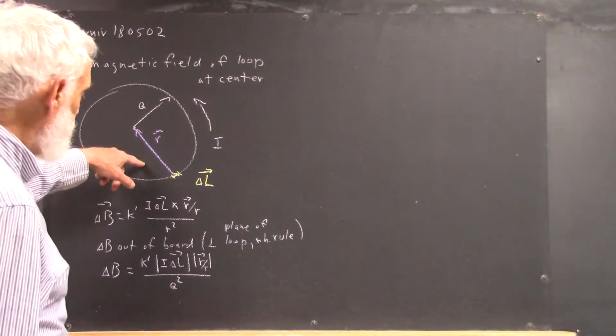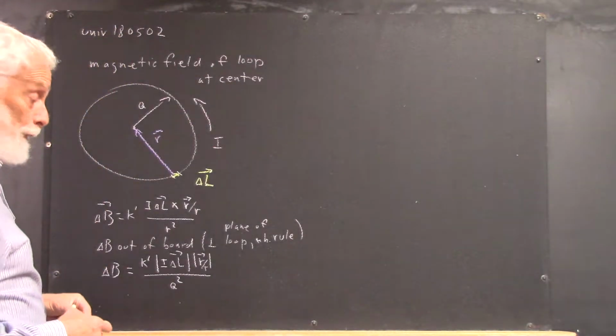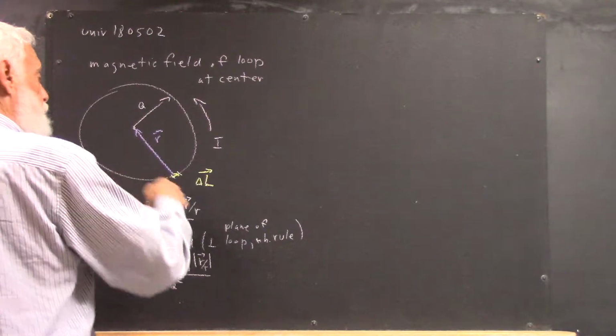The magnitude of the vector R is A. That's how far it is from a point on the circle to the center.